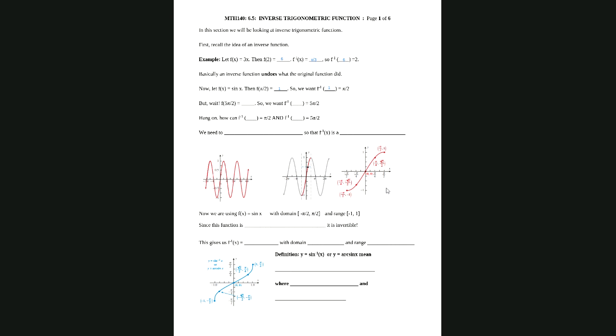Okay. We also know that f of 5 pi over 2 is equal to 1. So we would want the inverse function, when we plug in 1, to give us 5 pi over 2. So that means f inverse of 1 would equal pi over 2, and f inverse of 1 is also equal to 5 pi over 2.